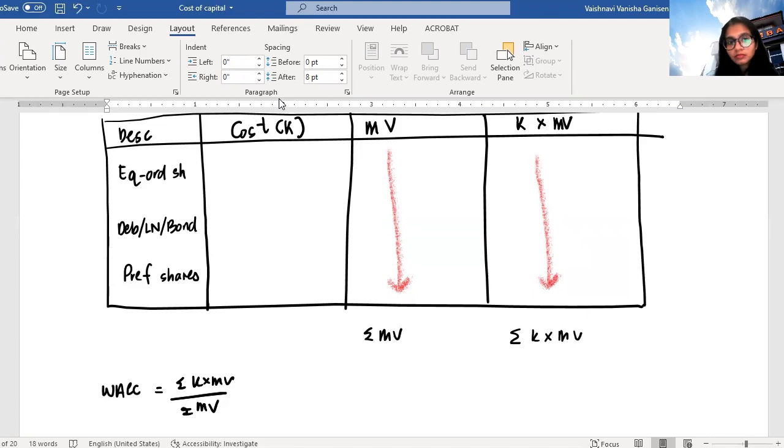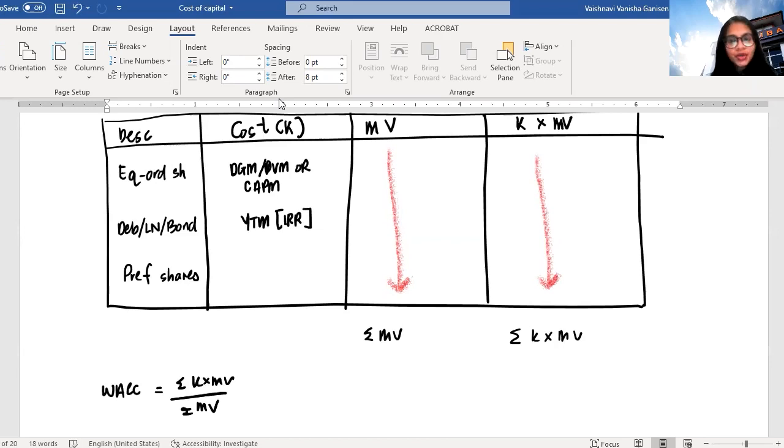So for this one you can use either, depending on the question, guys. The cost will be calculated using the DGM or DVM, or it will be calculated using the CAPM. This one is using the yield to maturity approach, which is the concept of IRR.